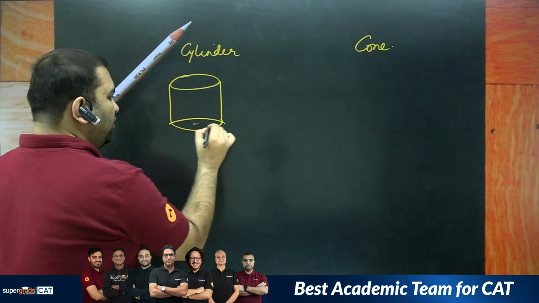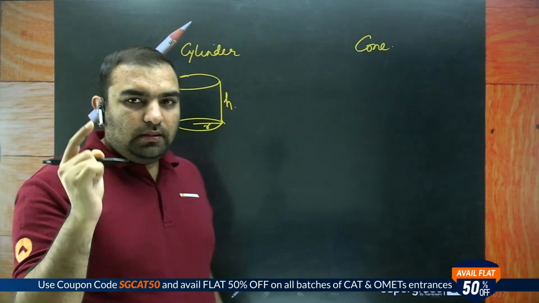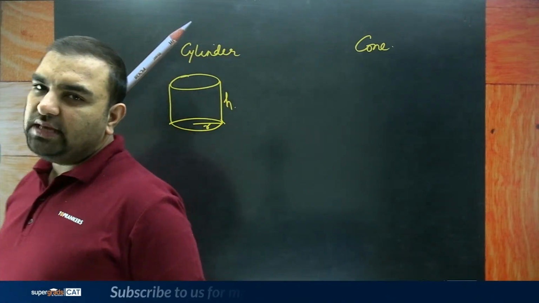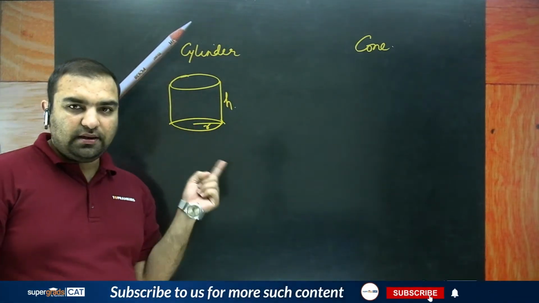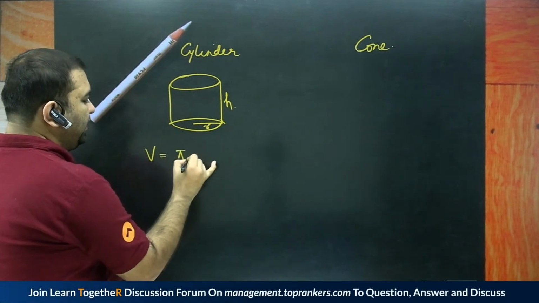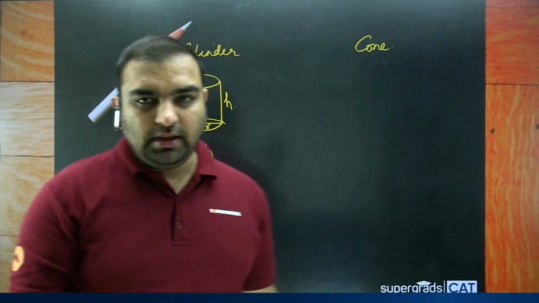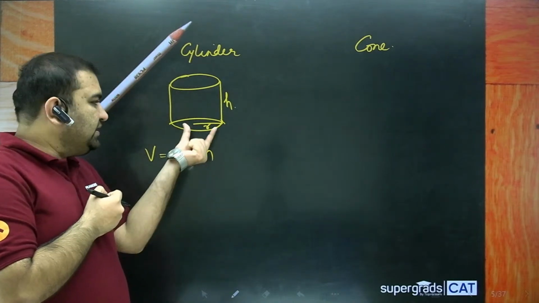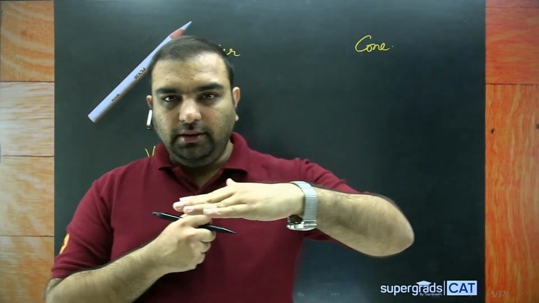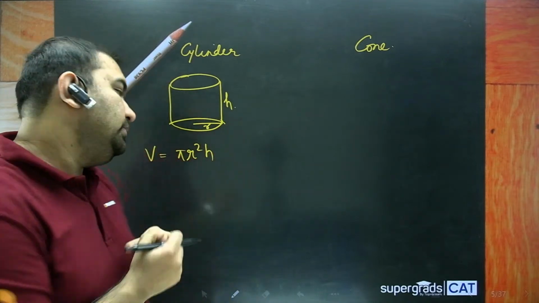The base is circular, radius is r, height is h. We are reading circular cylinders where the base is a circle of radius r and height is h. The volume is pi r square h. If I want to give you the element of where this came from, pi r square is the area of the circle. So area of the base into height is from where the volume has come up.